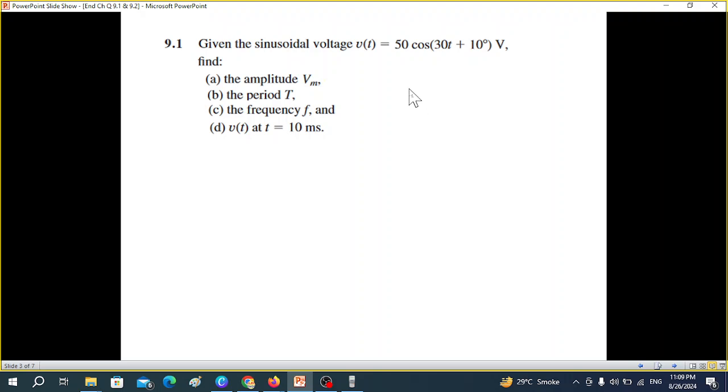Now let's start the question. There are 4 parts. We have to find the amplitude Vm, the time period T, the frequency f, and the voltage at time 10 millisecond.